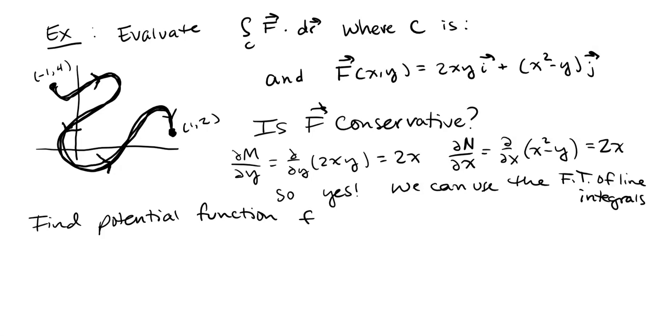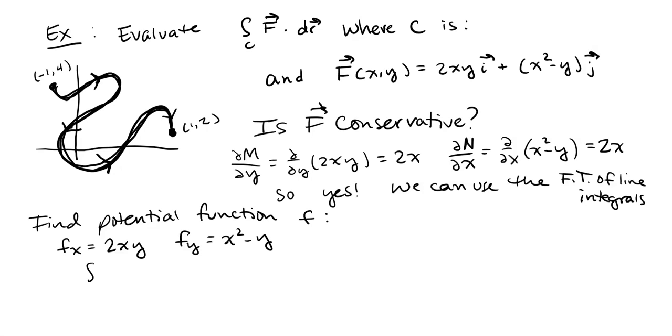which we'll call a little f. So we would have little f sub x is going to be the x component, so 2xy, and then the little f sub y would be the y component, which is x squared minus y. So then let's take a look at these two pieces.